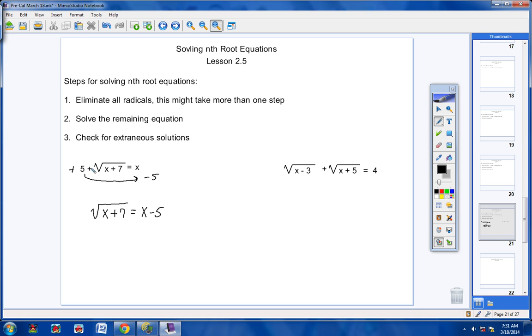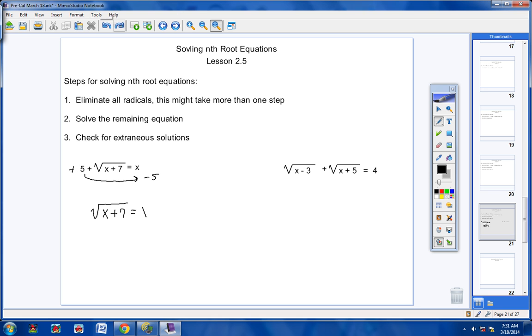Now, if this 5 would have been right next to the radical and they were multiplying, then I would divide both sides by 5 to get rid of the 5. But the 5 is not multiplying times the radical, so we're good. Also, I want to show you something else you need to see.